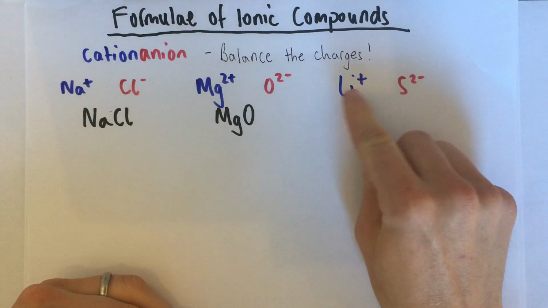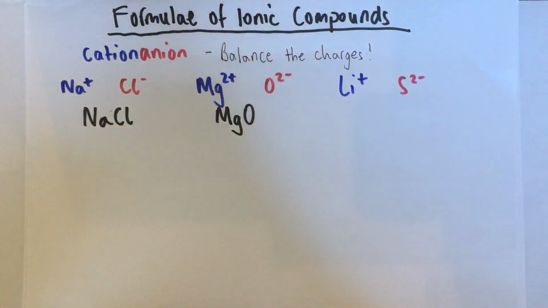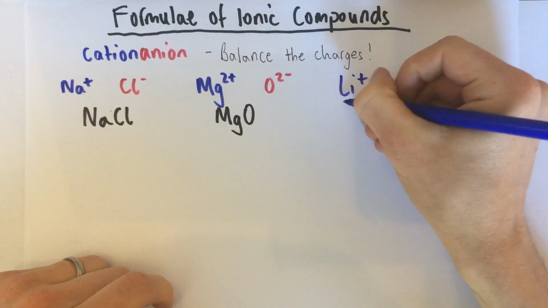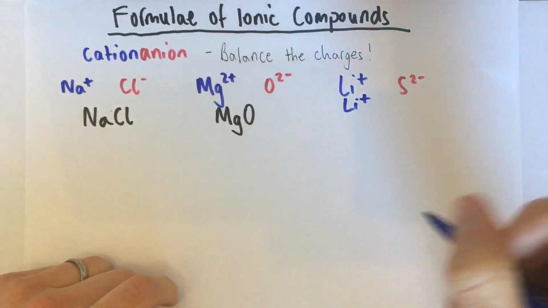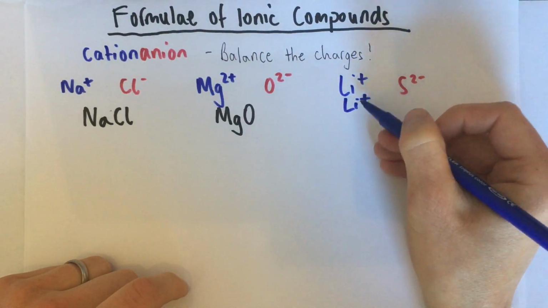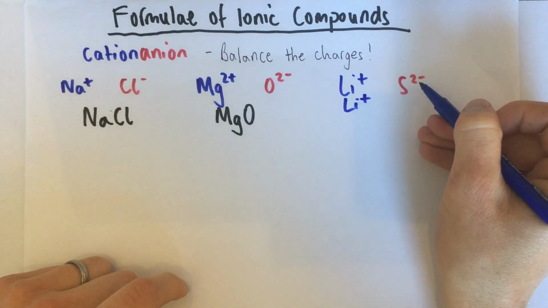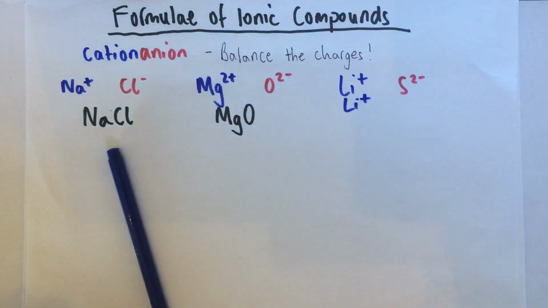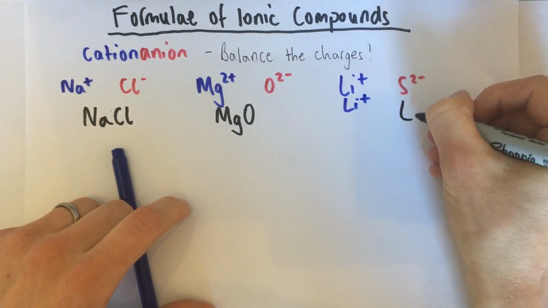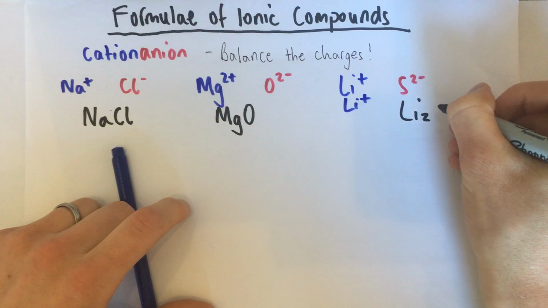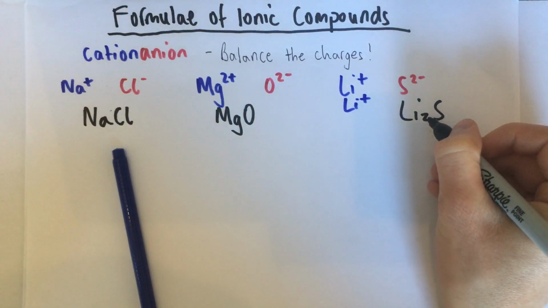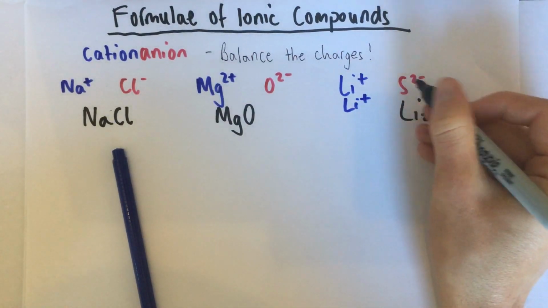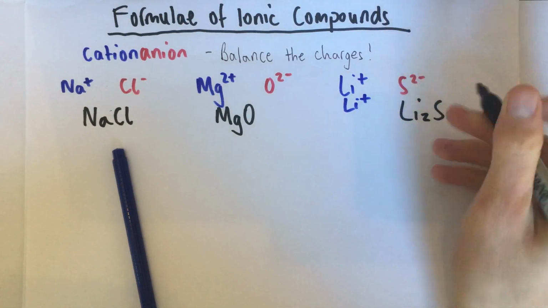So we're going to need 2 of these to balance out one of these. I'm going to write that in. Now, if I've got 2 lithiums, that balances with 1 sulfide. So the formula is going to be Li2S. That tells us there's 2 lithium ions balance 1 sulfide ion.